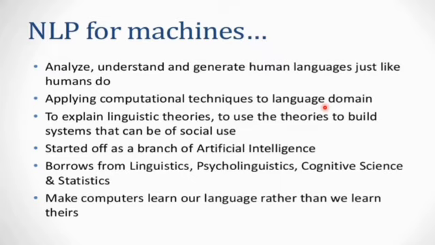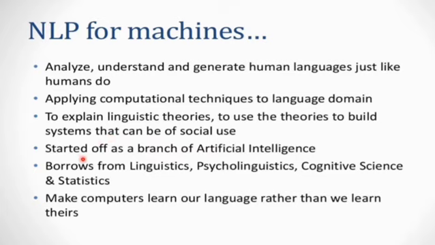NLP gives us the advantage that we can apply a few computational techniques to this particular language domain, to explain linguistic theories, and to use the theories to build systems that can be of social use. With the help of NLP, we can use these machines for explaining linguistic theories, and also build systems that can be of social use, जिनको हम लोगों के लिए, समाज के लिए फिर use कर सकते हैं.